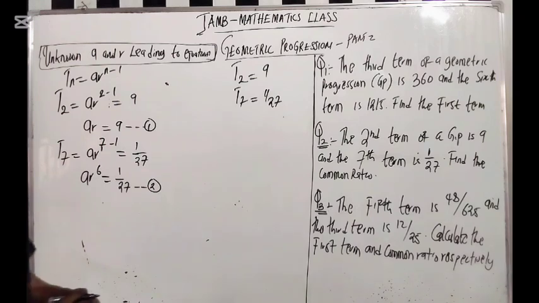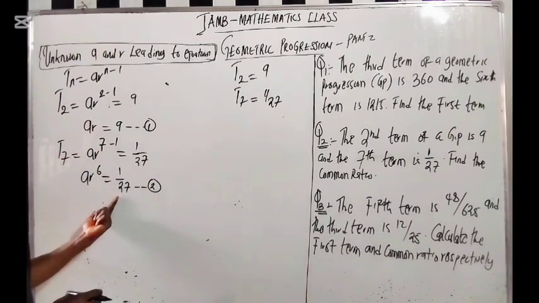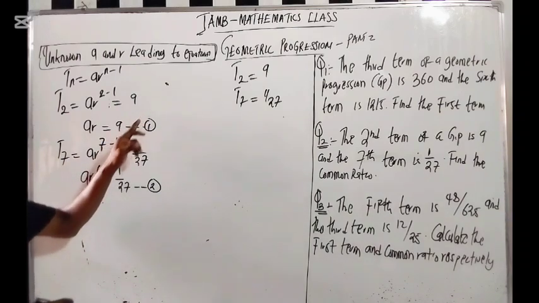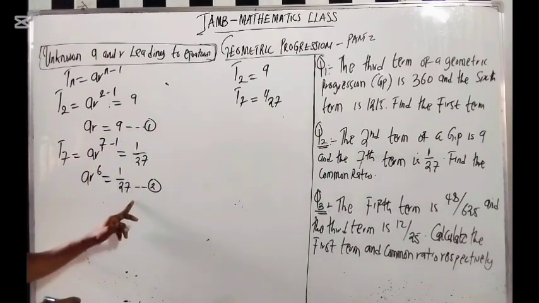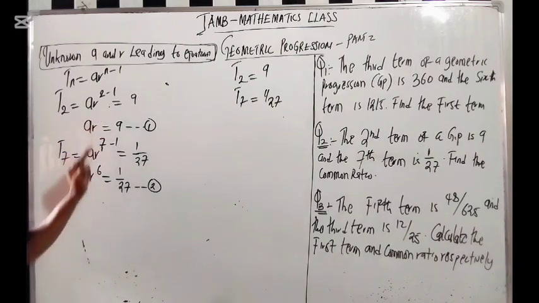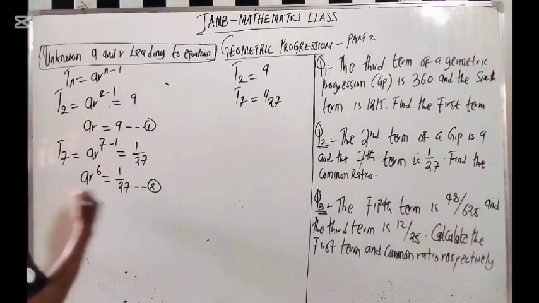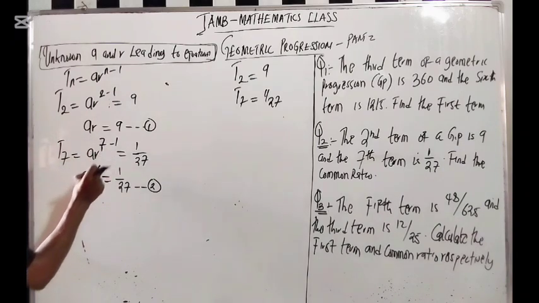Now what you want to do here is divide equation 2 by equation 1. Why are we using equation 1 to divide equation 2? The reason is because of the power: here it is 6, here it is 1. So we're going to divide by this.